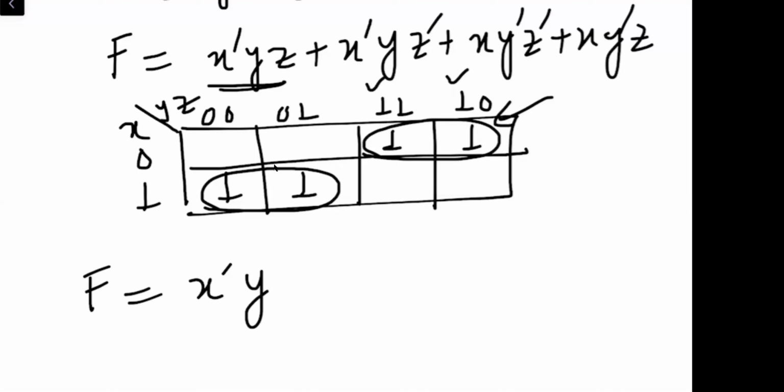No, sir. Okay. Similarly, the second group over here, in this, what is not changing in the horizontal direction? If you see, y is 0 in this box, and y is 0 in this box, right?